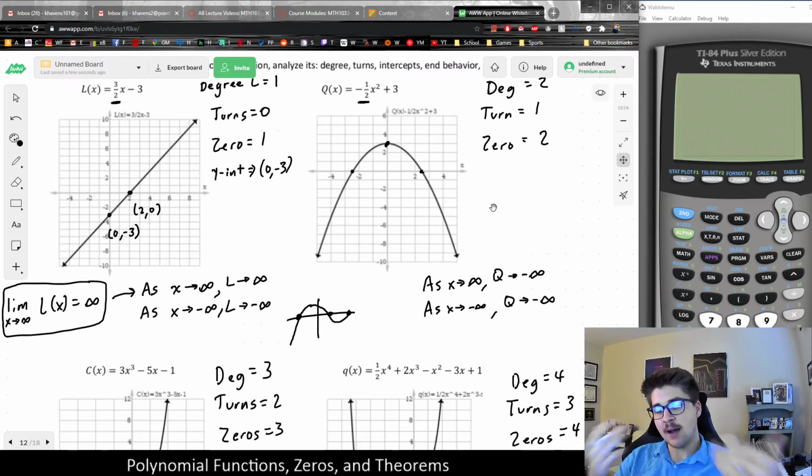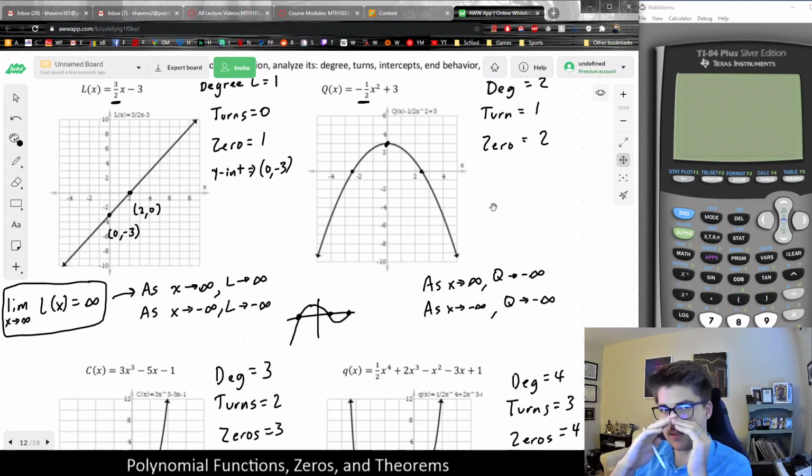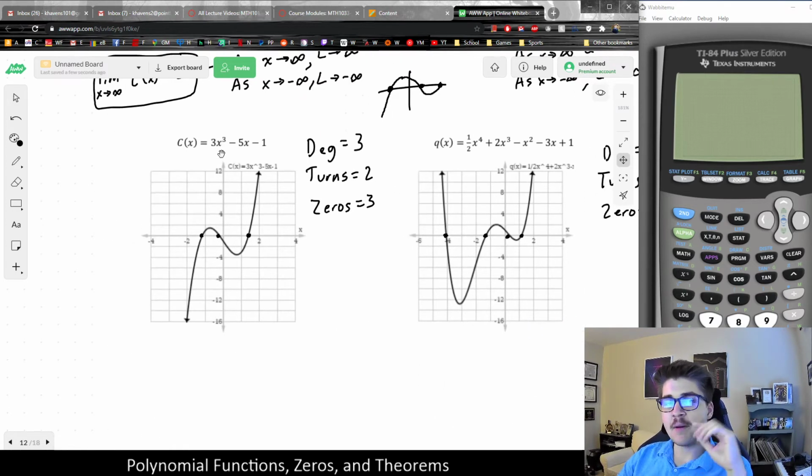The end behavior is always going to be in the same direction. When it's going upwards, both tails are going to be positive infinity. And when the leading coefficient is negative, both end behaviors are going to be negative because the parabola is facing downward.